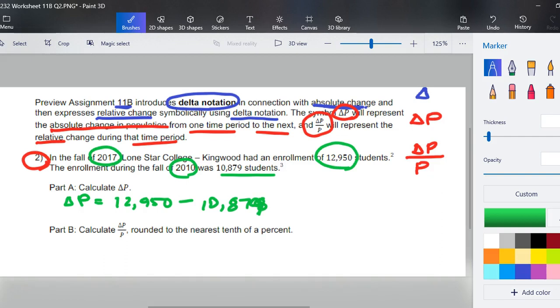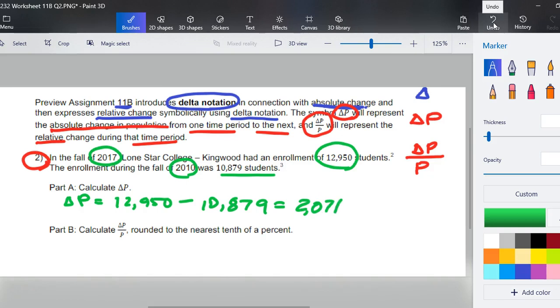10,879, let's start that one over. Our delta P, our change in the population, ended at 12,950. Let's subtract where we began, 10,879, and our delta P is 2,071.